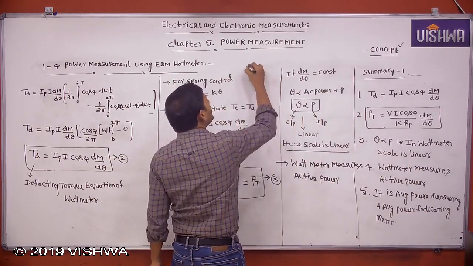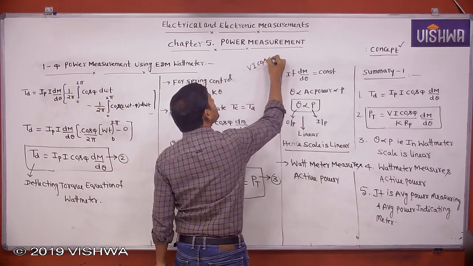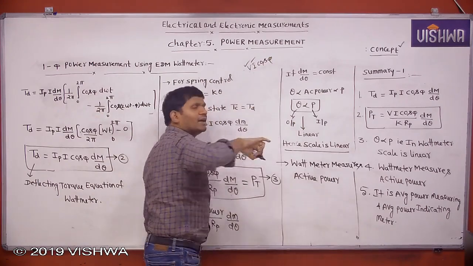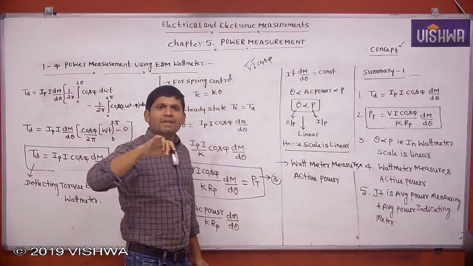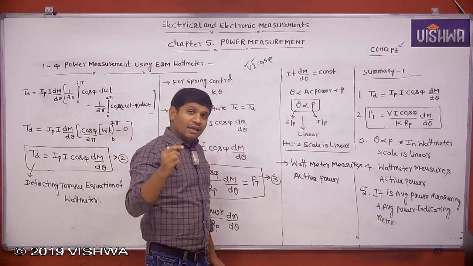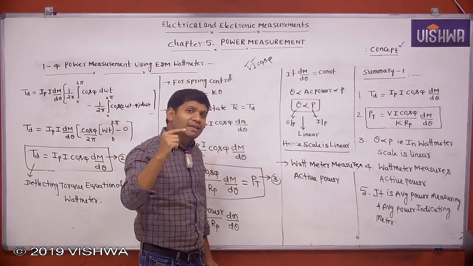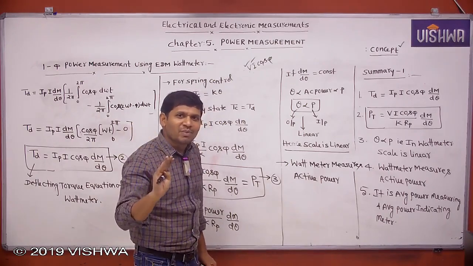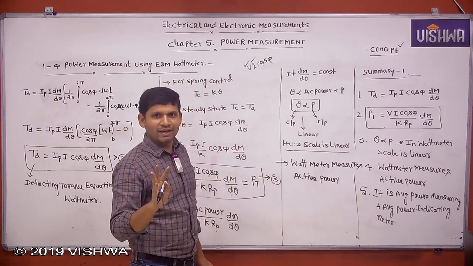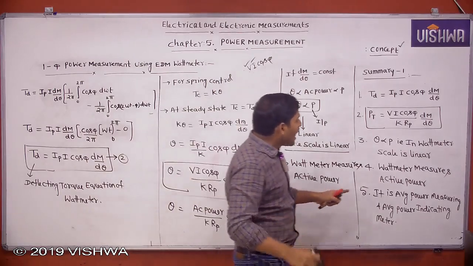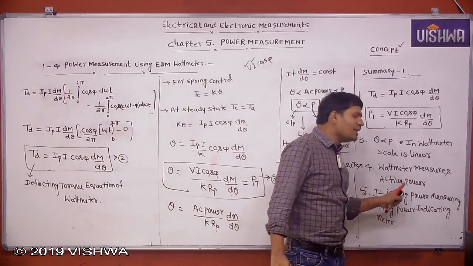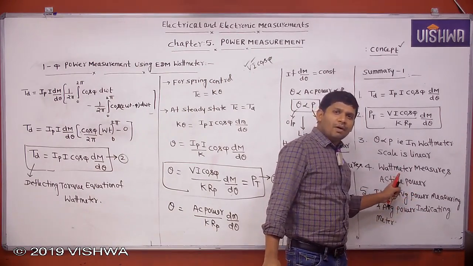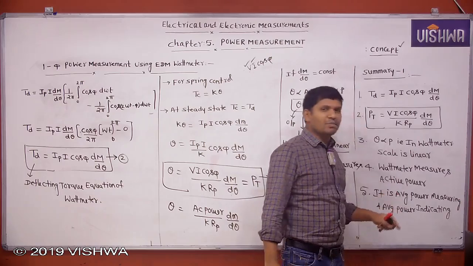In wattmeter measuring VI cos phi, V is RMS value, I is RMS value, but you are telling that VI cos phi is average value. Yes. Even though V is RMS value and I is RMS value, no doubt at all, VI cos phi is not RMS power, it is average power. Understood? That's the reason why it is average power measuring and average power indicating meter. To solve modular problems based on the wattmeter, this statement is important.